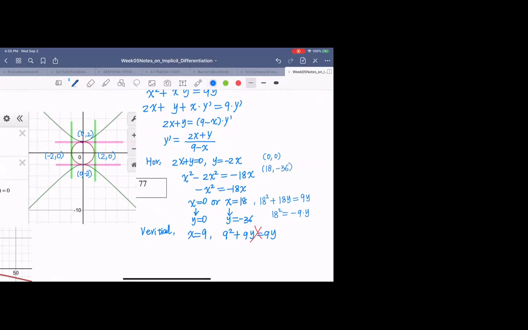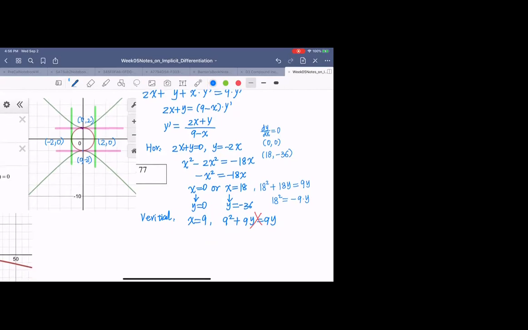These are the places where your derivative or your tangent line is horizontal. And then vertical. This one is horizontal. For the vertical one, you make your denominator equal 0, so x equals 9.